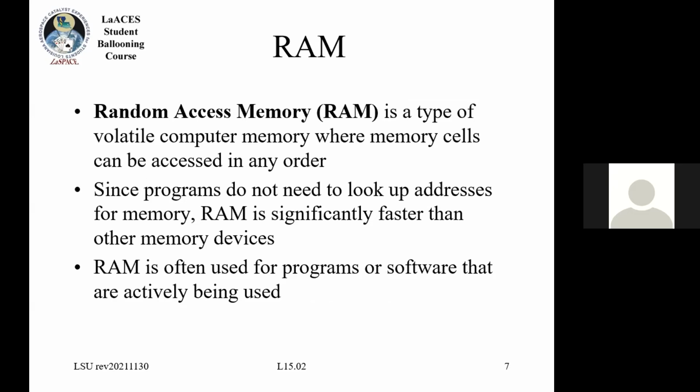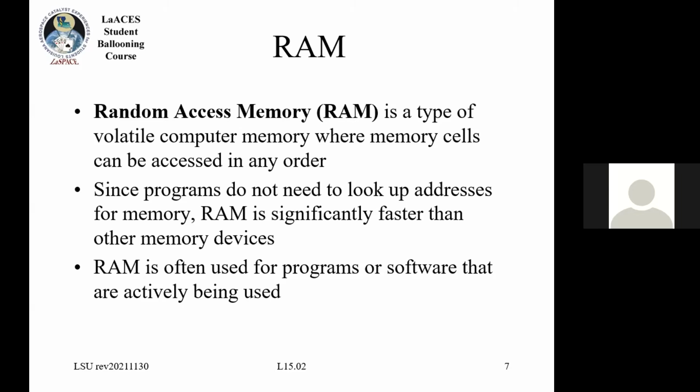RAM is the other. So these are the three types of storage that we have on the Arduino, and generally the three types of storage you have in other electronic devices and computers. RAM stands for random access memory, which is volatile memory.